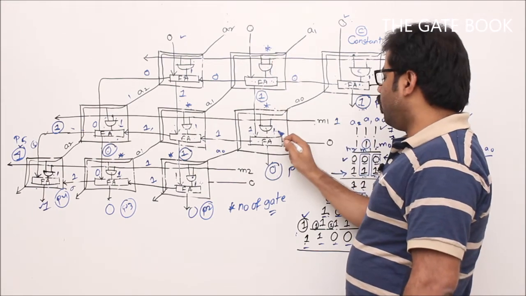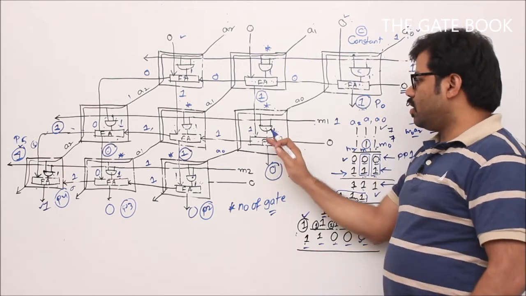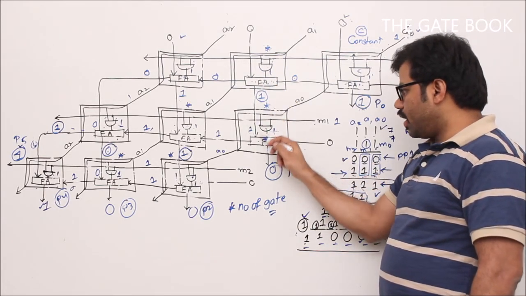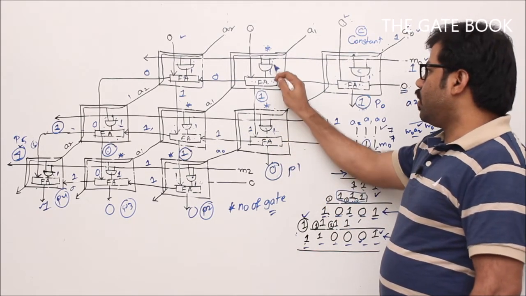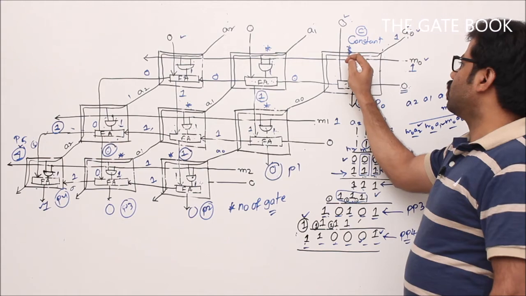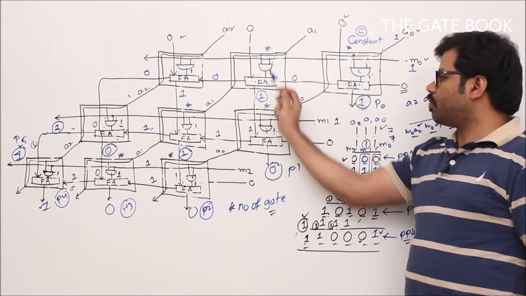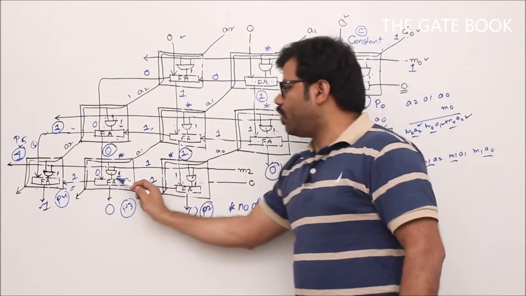Let me stop and ask a cross question. Why is this box depending on this one? Because this full adder's sum should be taken here, and after that we have to add here, right? So that's why this box depends on this box depends on this box. So that's why the maximum delay path is definitely this one. 1 2 3 4 5 6.